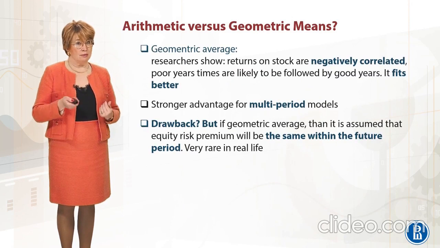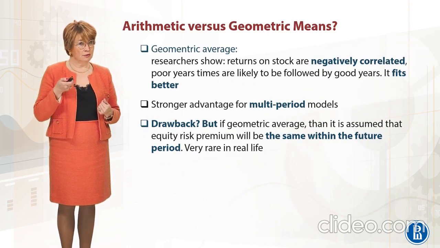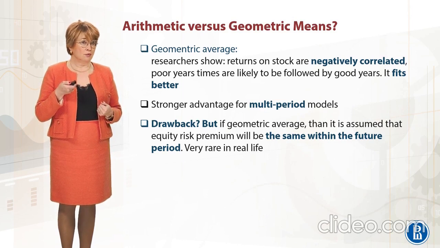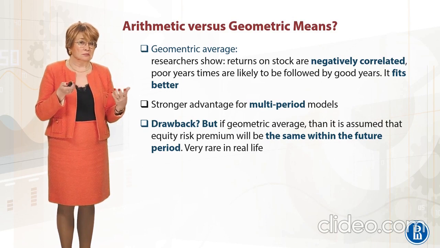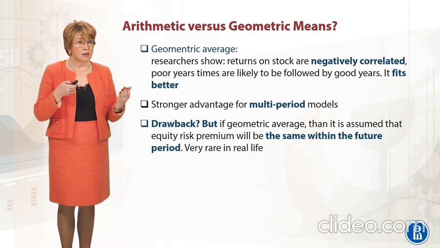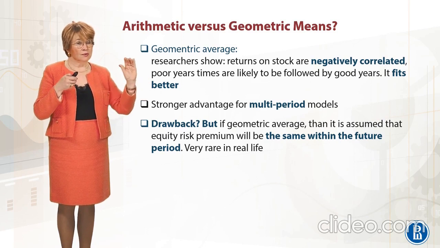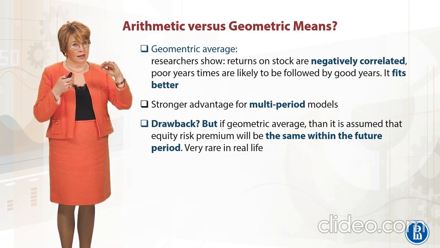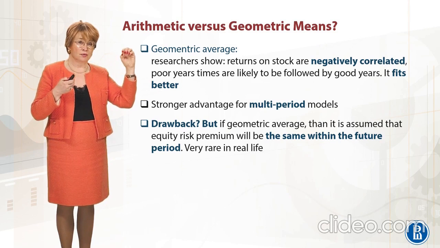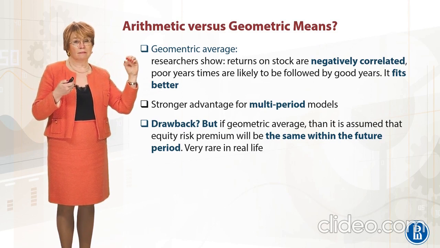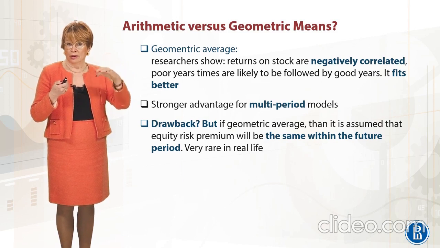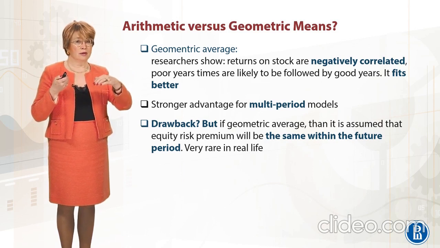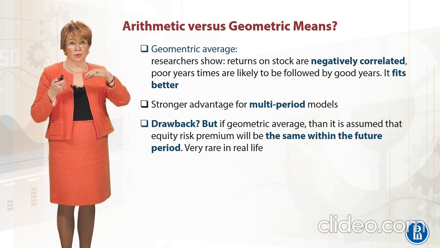How about geometric means? The geometric means also have some advantages. Of course, if you look at the past, you may see that some periods of time in the capital market with high rates of return on stock are followed by much poorer years when the rate of return is much lower.